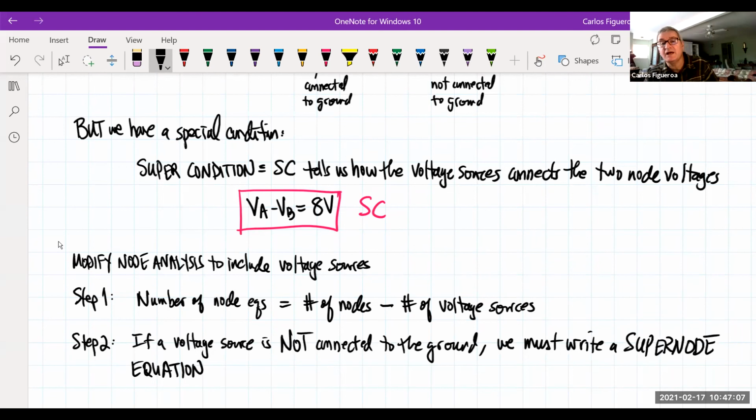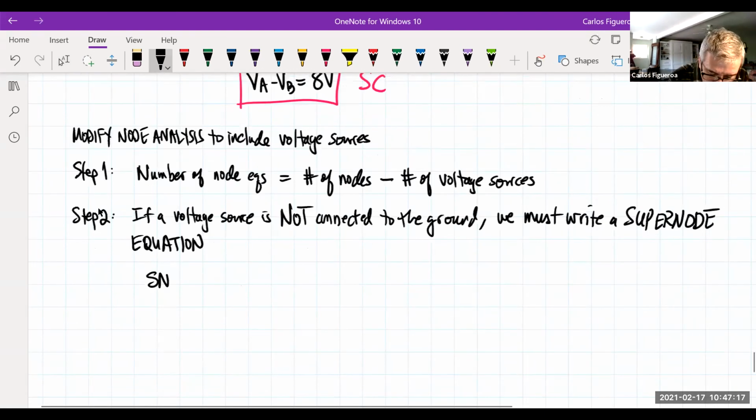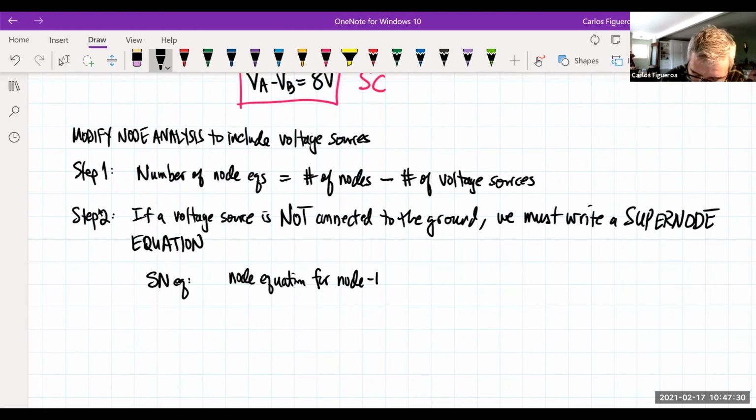So what is a super node equation? A super node equation reads: it's the node equation for node 1 plus the node equation for node 2.